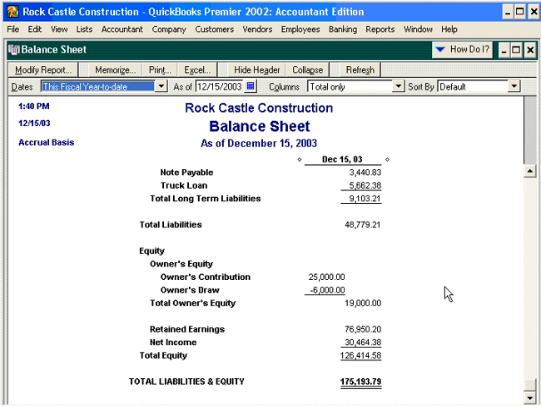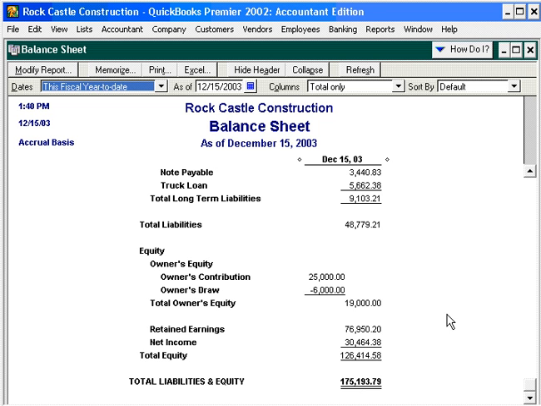Equity represents what the owner or owners have contributed and taken out, along with the net earnings or loss to date. So in other words, if we decided to sell Rock Castle Construction today and we decided to sell it for book value, that means we would sell it for $175,193.79.